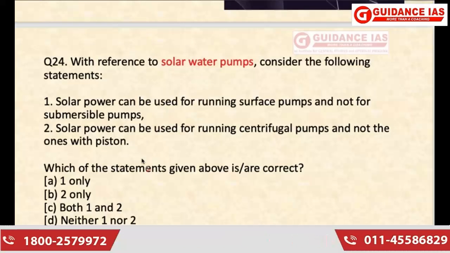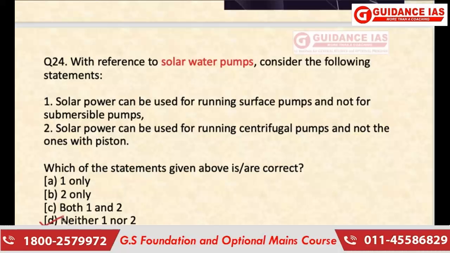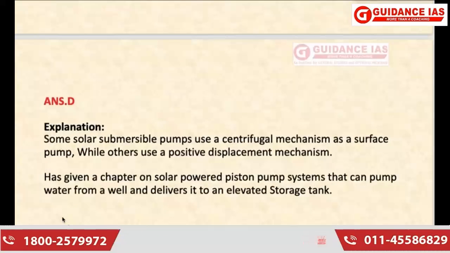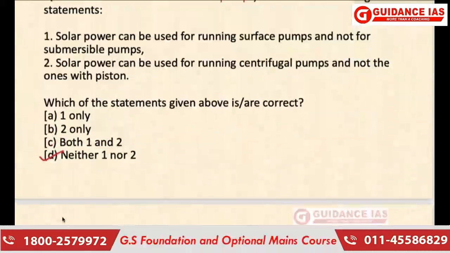The second statement says solar power can be used for running centrifugal pumps and not the ones with piston. It is again an incorrect statement, because even a solar power piston pump system can pump water from a well and deliver it to an elevated storage tank, making the second statement also incorrect. Therefore D is the right answer, because both statements given here are incorrect.